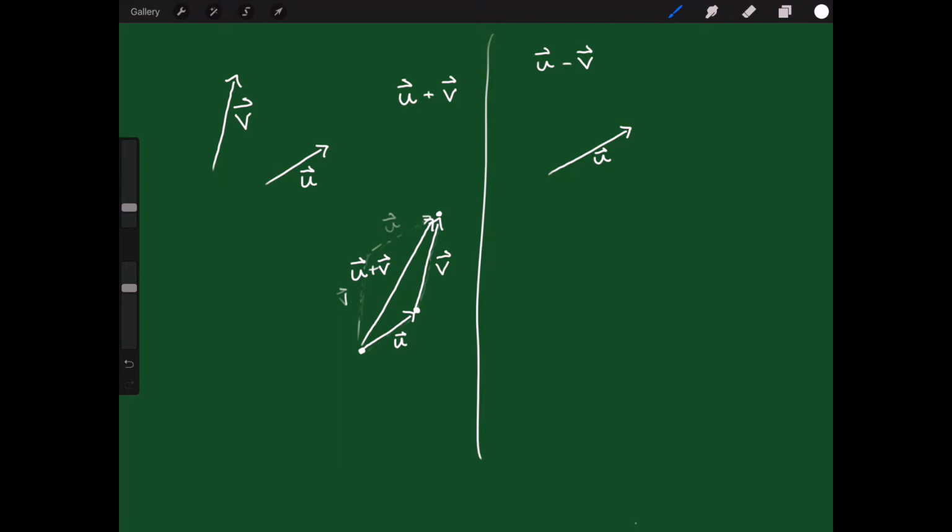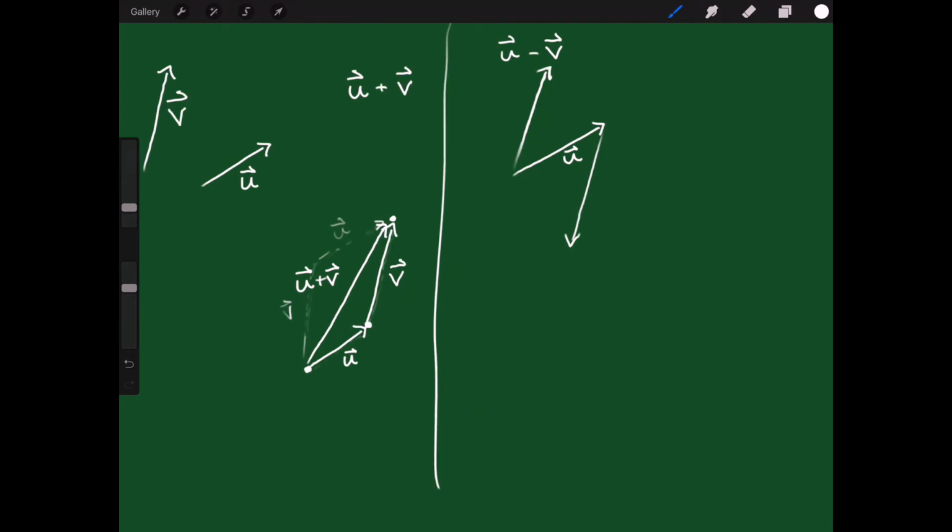And let's say that v looks something like this. So negative v goes the opposite direction. The negation of v is saying that instead of going the direction of v, go the other direction. In other words, that would be going back this way.